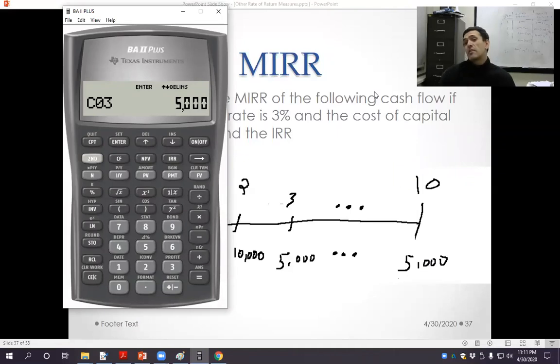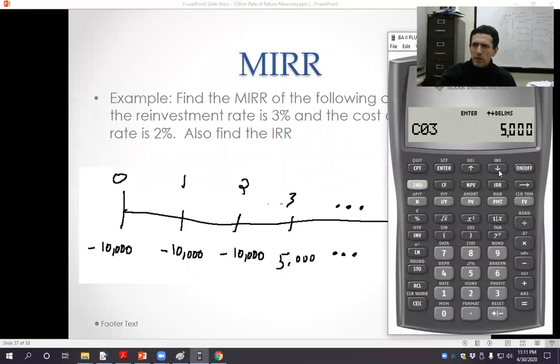It's not 7. 3, 4, 5, 6, 7, 8, 9, 10. Again, I don't think there's any shame if one uses their own hands. I think getting these numbers right is tricky. That's just my opinion. Okay, IRR, compute.